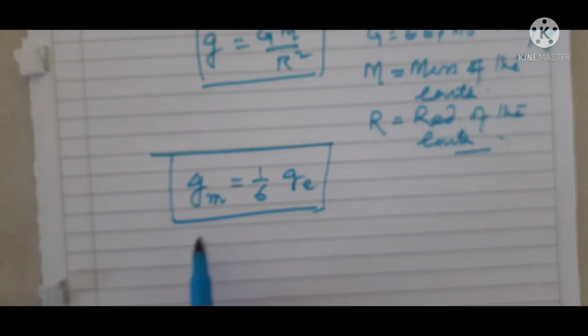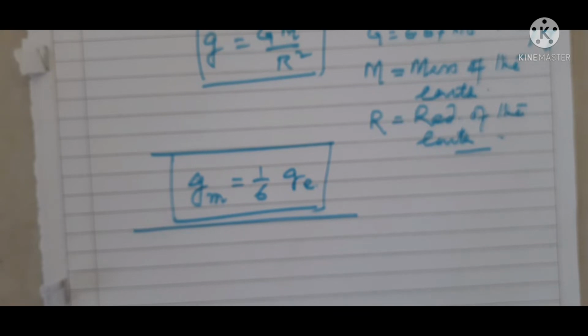Another important point is the case of throwing an object upward and downward. There are two cases, when the object is thrown upward and when it is coming downward.